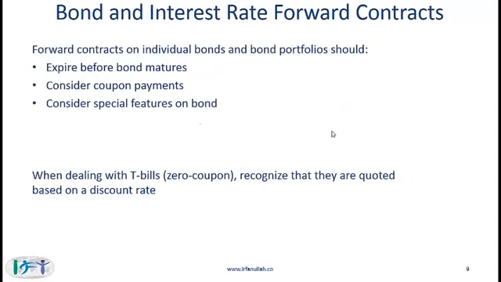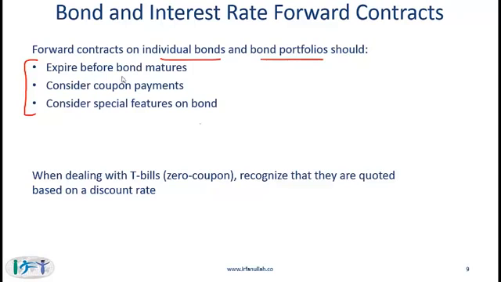Just like we have forward contracts where the underlying is equity, we can also have forward contracts where the underlying is an individual bond or a portfolio of bonds. By and large, equity forward contracts and bond forward contracts are quite similar, but there are a few subtle differences that we should keep in mind.